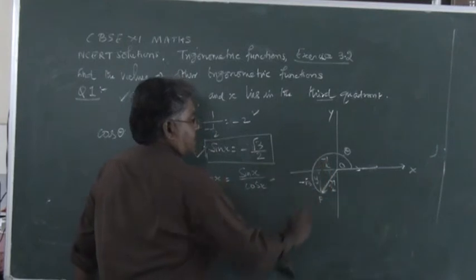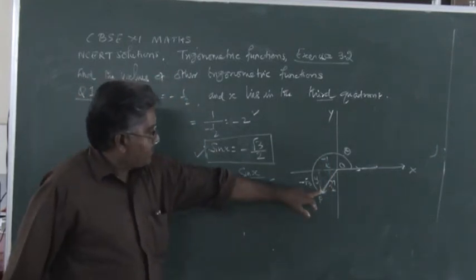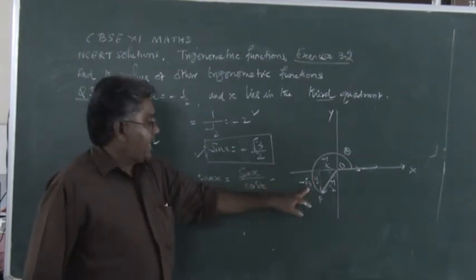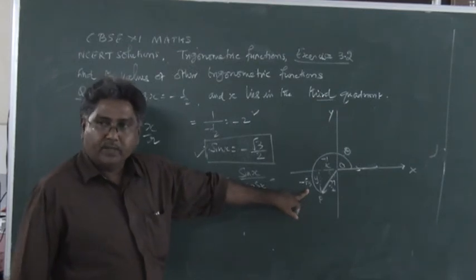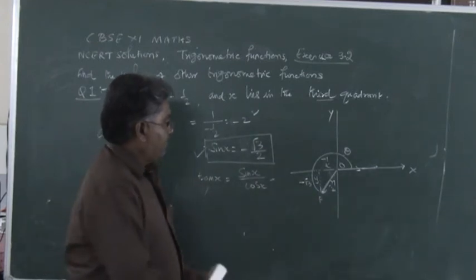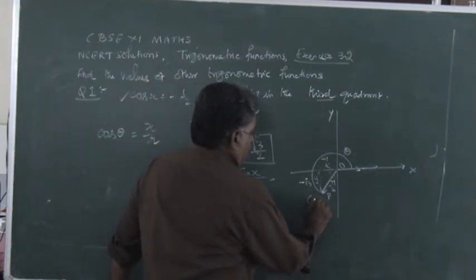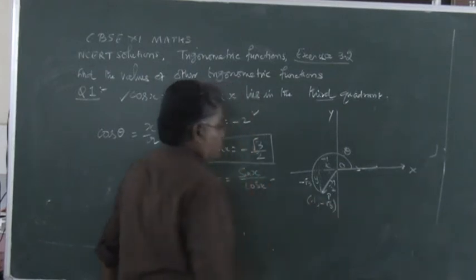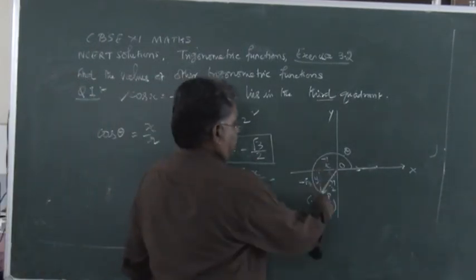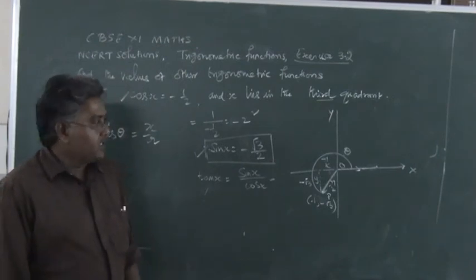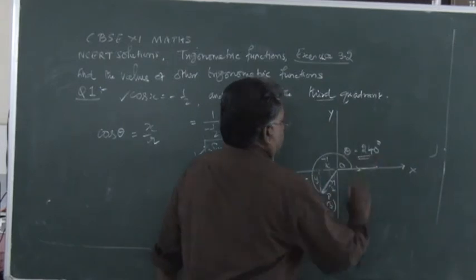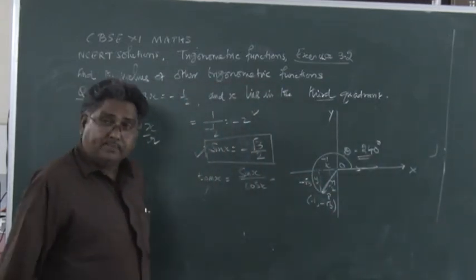So x coordinate is minus 1 for this point. Or you can even say minus k and minus root 3k. Anyway, it is fine. I'm taking k as 1. Y coordinate of the point is minus root 3. So the point P has now the coordinates minus 1 and minus root 3. Then you can check. If that be the case, what should be this angle? When you work out, you will know that this angle turns out to be 240 degrees. 240 degrees in the third quadrant.